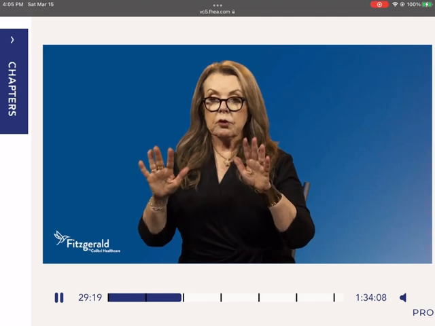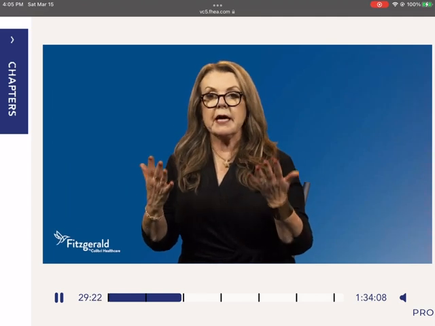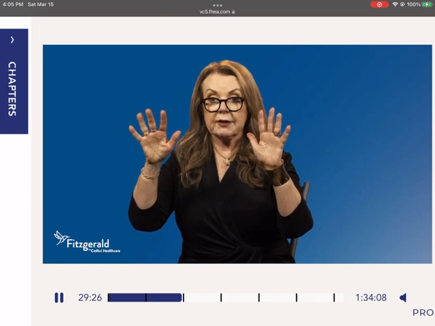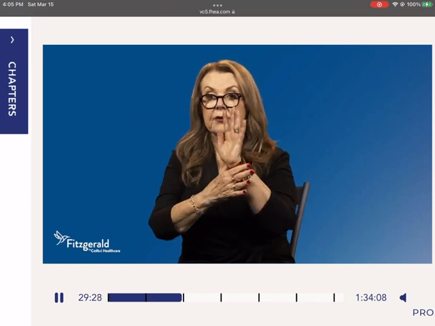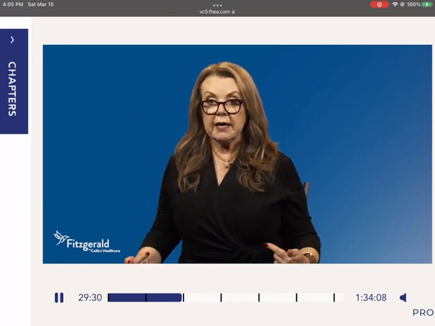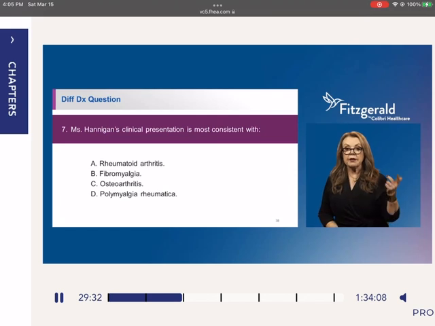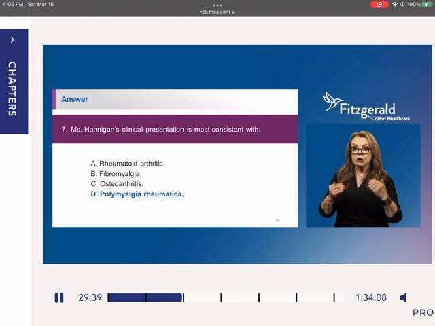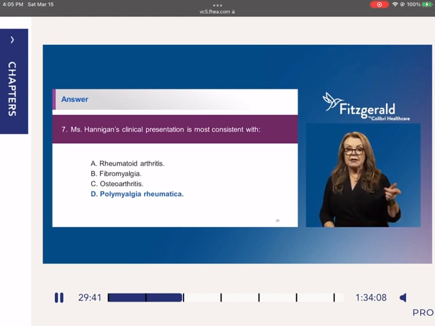But remember, rheumatoid arthritis, particularly at the time of diagnosis, largely is smaller joints. Think the hands, the wrists, the feet, the ankles. The best answer here is D, polymyalgia rheumatica, because it is more consistently a large joint disease. And Ms. Hannigan has the classic presentation of polymyalgia rheumatica.